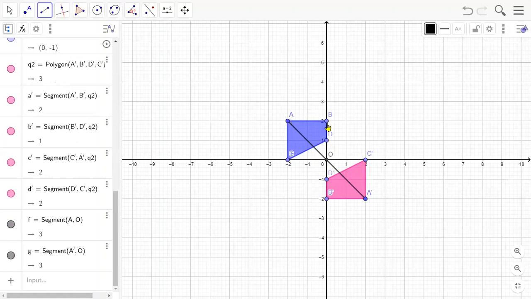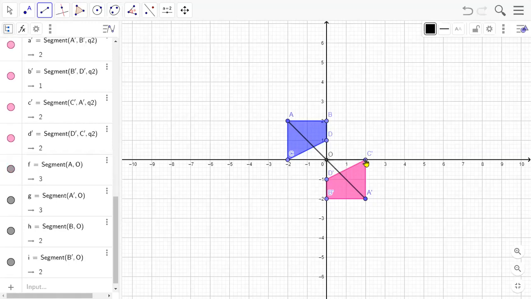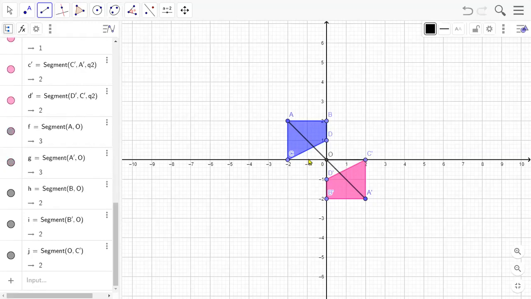Let's connect B to the O, and B dash to the O, and similarly C dash to the O and C to the O.